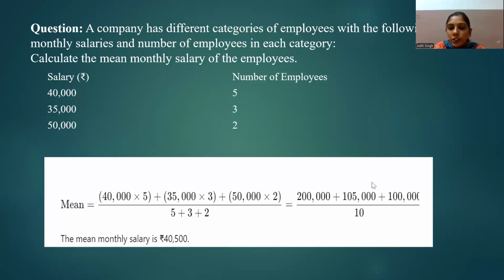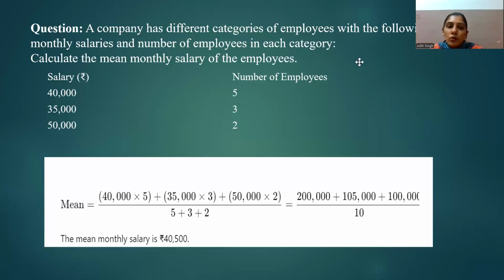From this multiplication, we got this result. Then we did the sum of all the salaries and divided it by the total number of employees. The answer we got is 40,500. So this answer is the mean monthly salary of the employees.